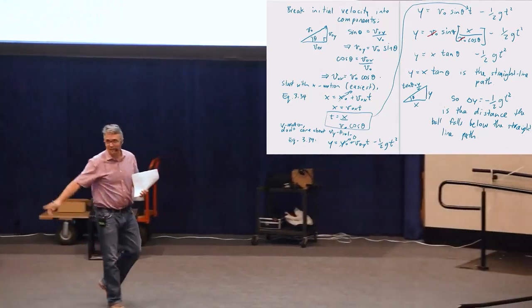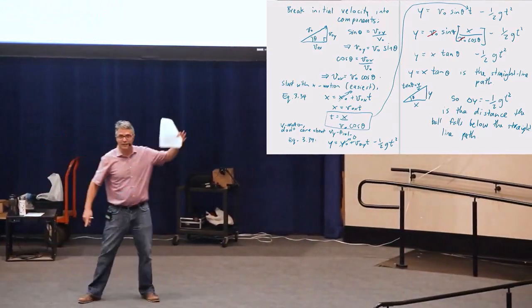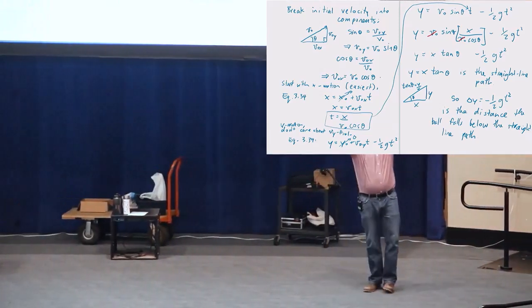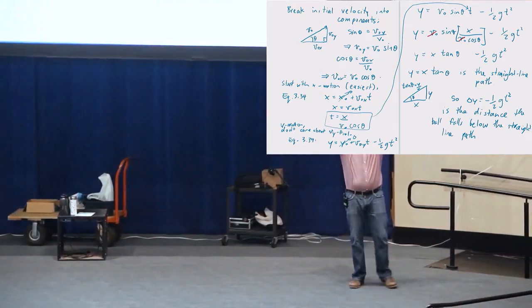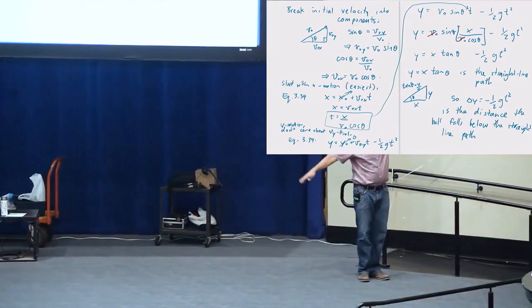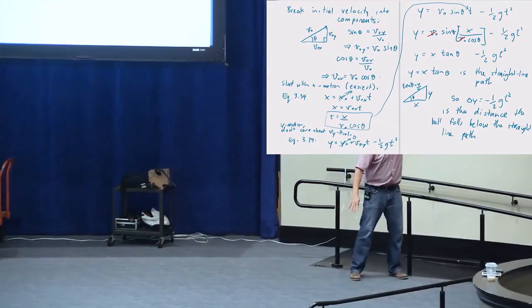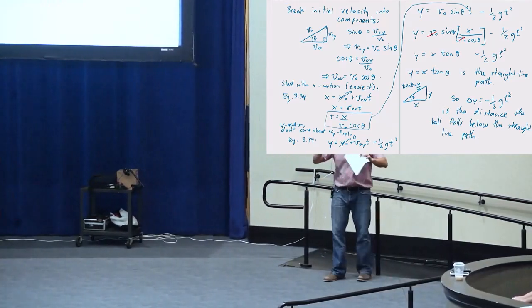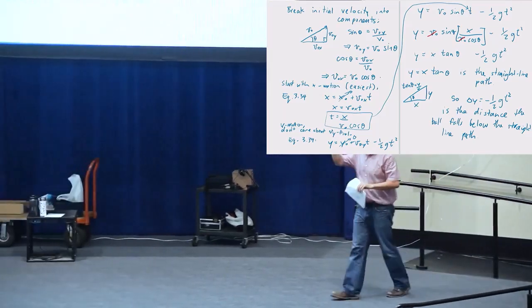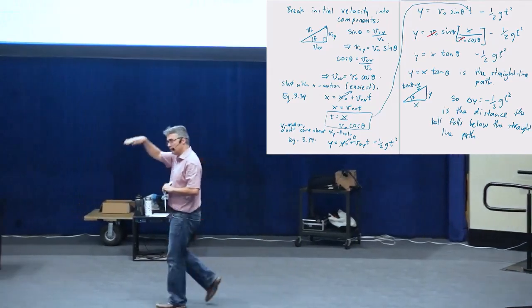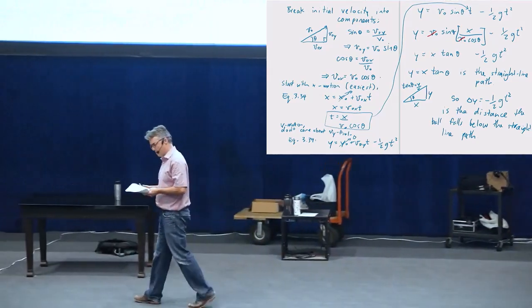And then the other thing is that for the entire duration of the flight here, the monkey is falling at 1/2 gt squared, and so they end up at exactly the same y height whenever it gets here. Unless, of course, I guess the tennis ball hits the floor first or something. But as long as it's still in the air, the monkey did the absolute worst thing he could do by letting go at the exact moment that the tennis ball became a projectile.